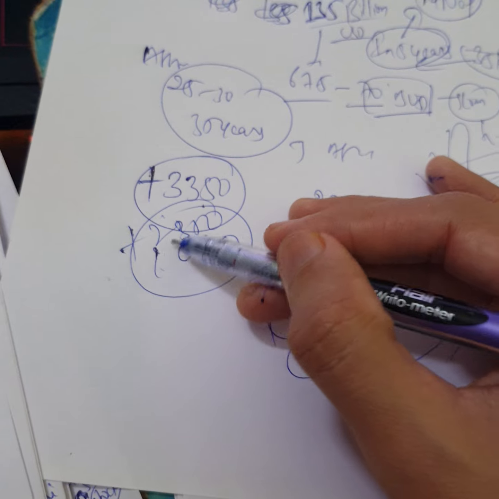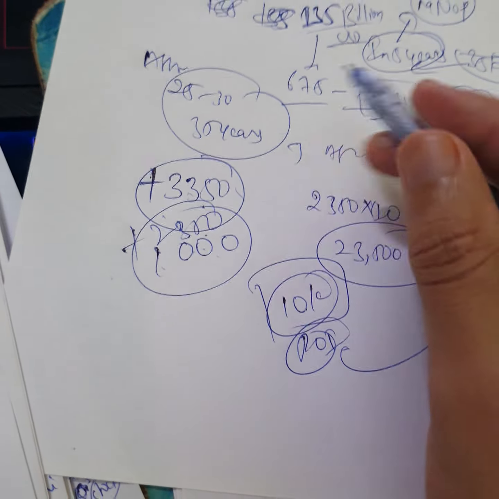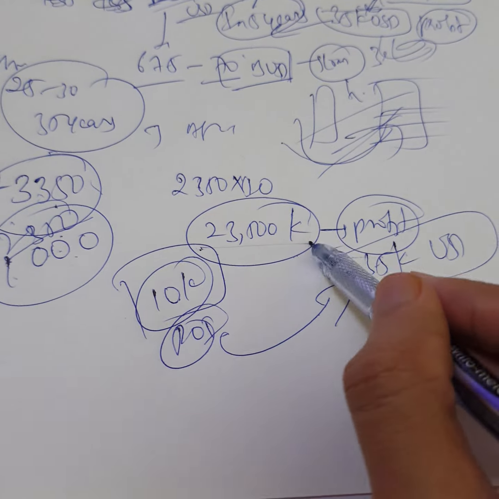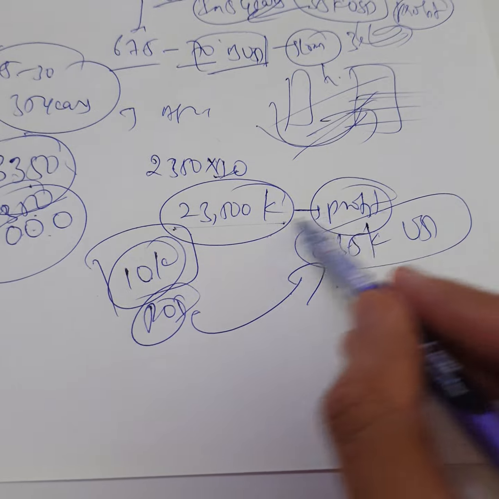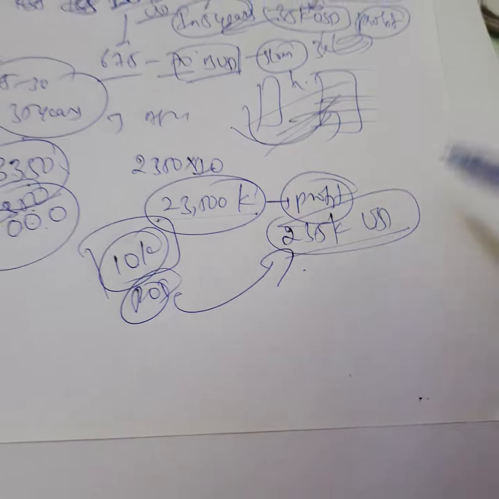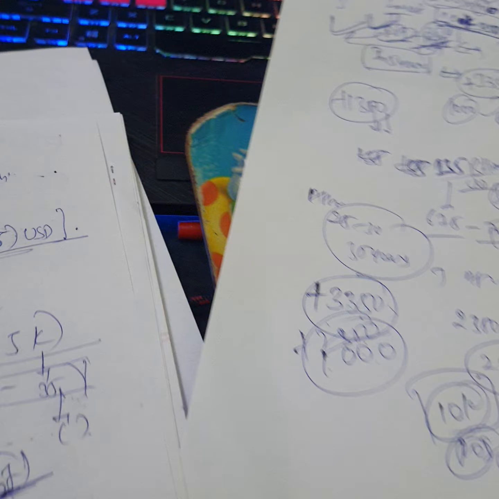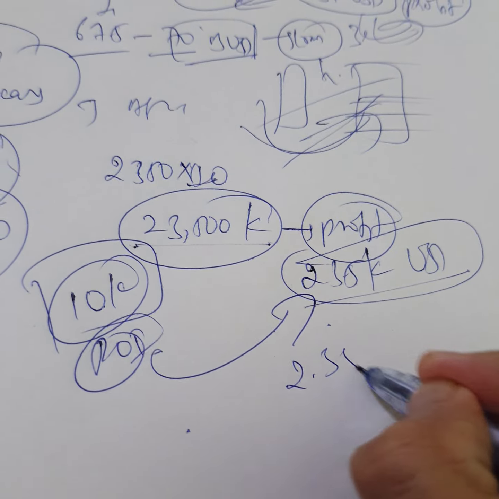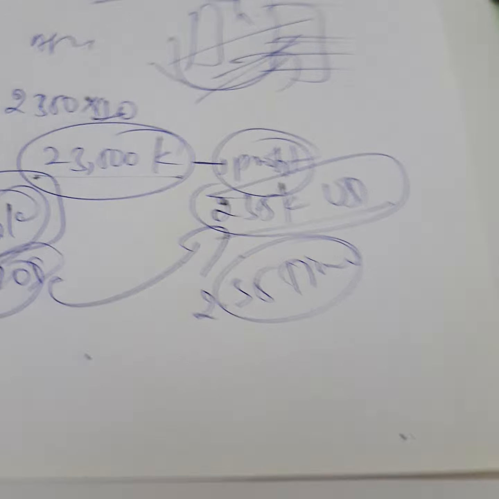This 2350 is 23,500k, they own 10 shares, and that share is not changing to 23.5k. It means they got double the amount, some extra amount, 2.35 times the amount they got, and they are happy, they think they have won the game.